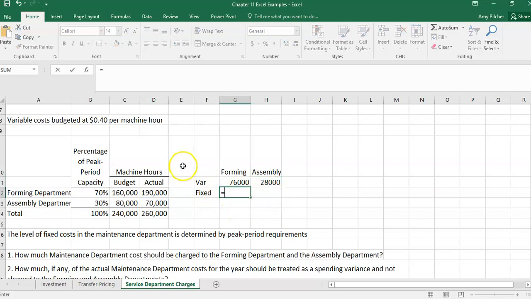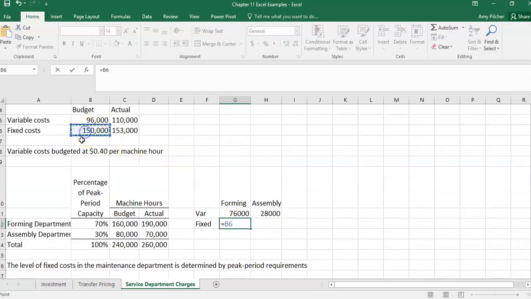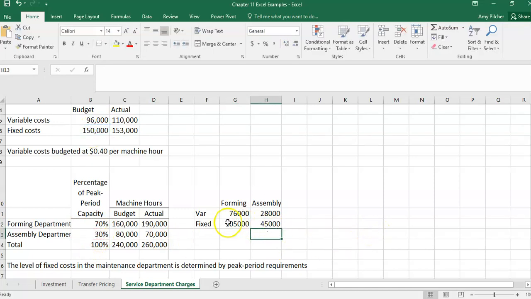In our fixed, we're going to allocate this 150,000 in fixed cost times the percentage of peak capacity: 70% for forming and 30% for assembly. So our total allocations, 181,000 for forming and 273,000 for assembly.